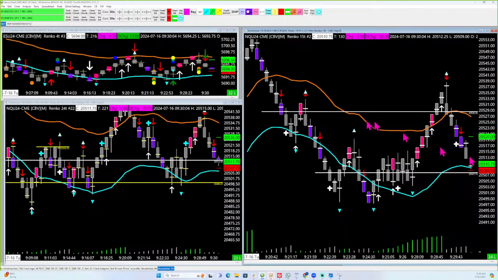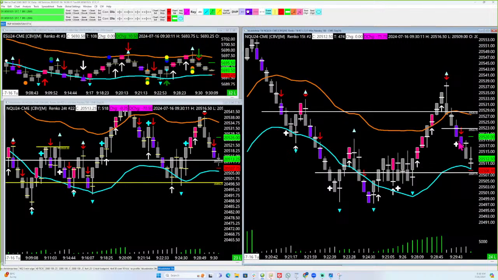Supernova again, plus sign. That's your over. It's confirmed to the short side right now with a 15-point stop. I didn't take it.